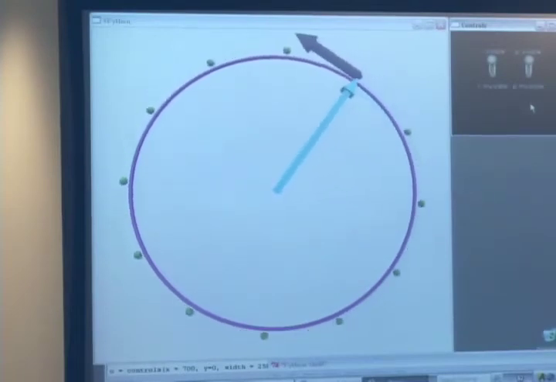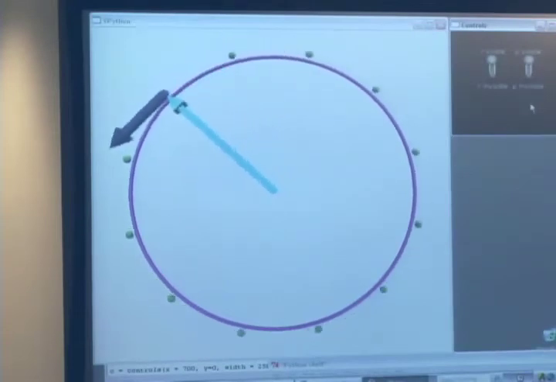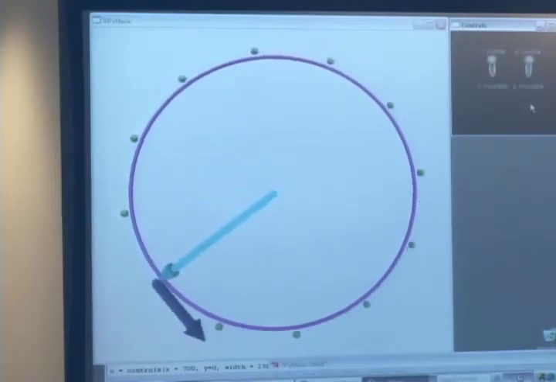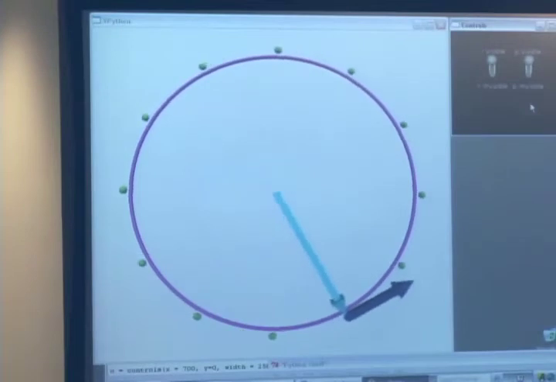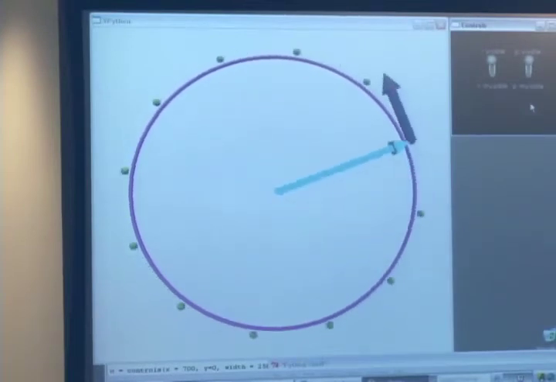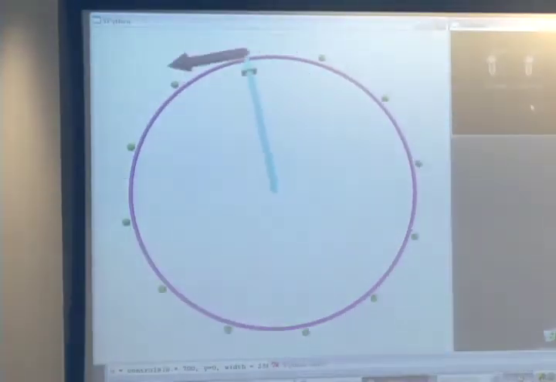So the magnitude of the momentum isn't changing. The magnitude of the position vector relative to the center isn't changing. The angle between the vectors isn't changing. So maybe we could write the thing that isn't changing here as some product of those things.